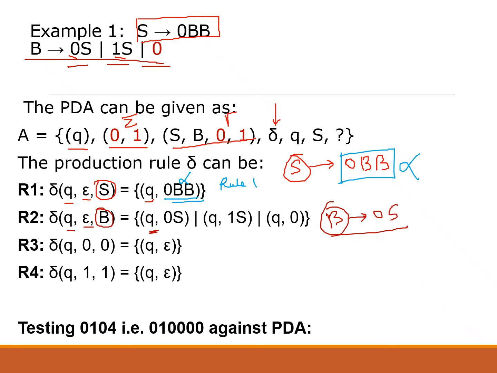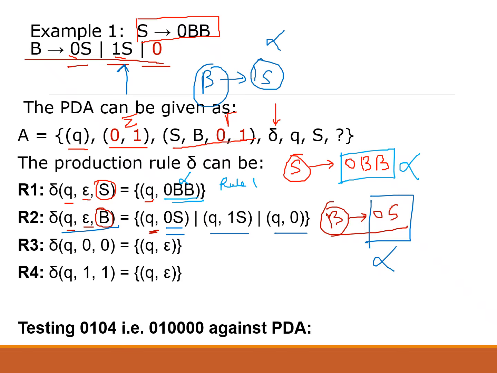This is Q, and next we have to write alpha. So this is my alpha, 0S. Now considering the next rule, which is 1S, this is again B tends to 1S. This non-terminal we have already considered here, so we can just have an OR and write down the remaining alpha. So this is Q. The current alpha is 1S. The next alpha is 0. So this is 1S and then this is 0.